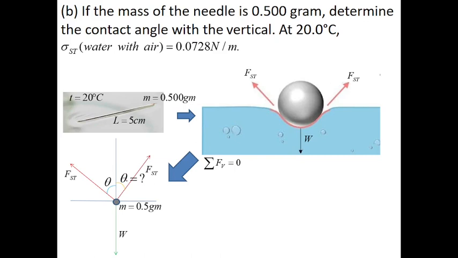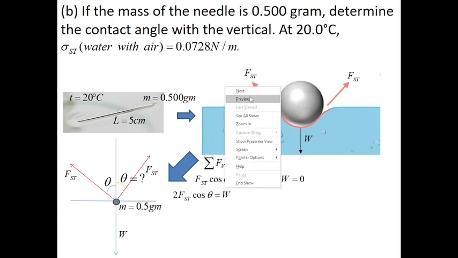When it says contact angle with the horizontal, this is what we are looking for, between the needle and the water. That is when it is horizontal. For the vertical, it is the air and the needle. Okay? So, we proceed.